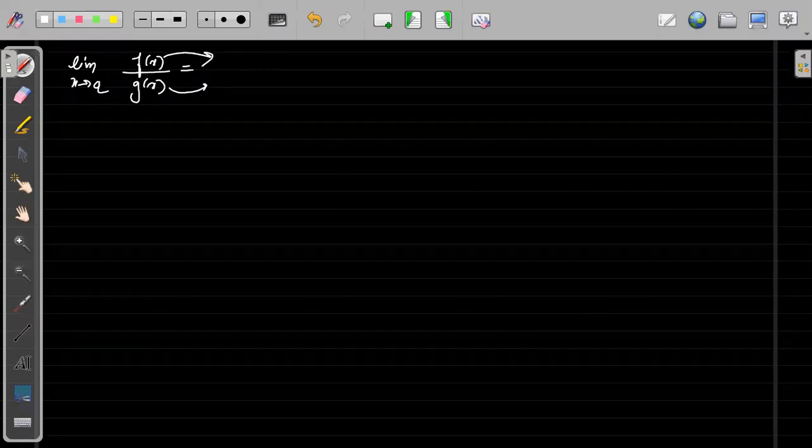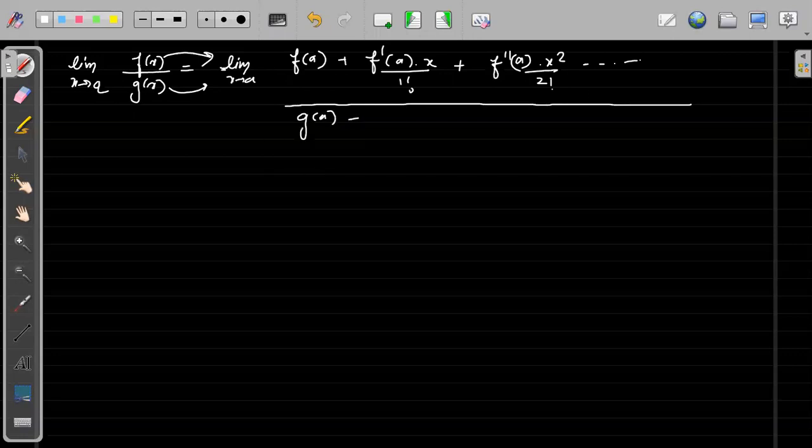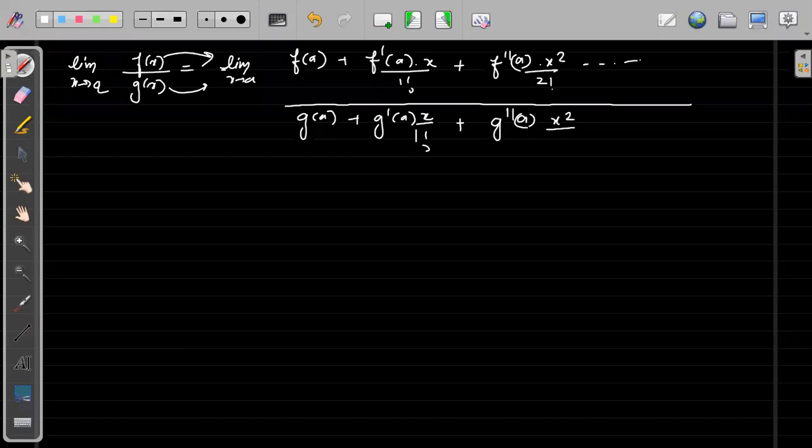The expansion is f of a plus f dash a into x by 1 factorial plus f double dash a into x square by 2 factorial and so on, divided by g of a plus g dash a into x by 1 factorial plus g double dash a into x square by 2 factorial, by expansion of function.